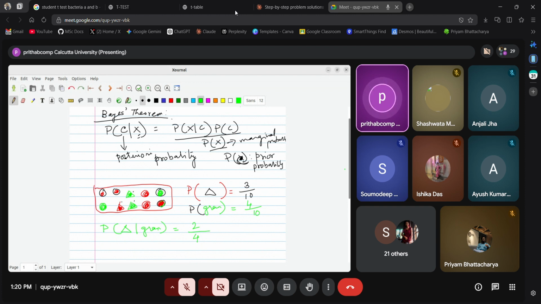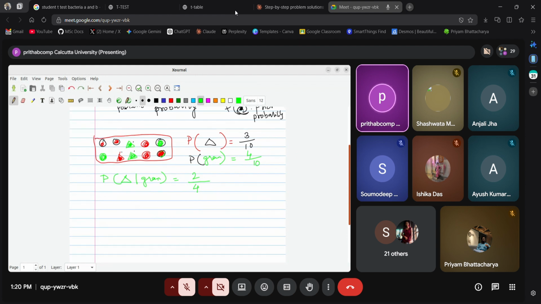If you write it in proper fashion, this 2 by 4, what you are actually trying to do is the probability of triangle intersection green divided by the probability of green. That is what you are trying to do.